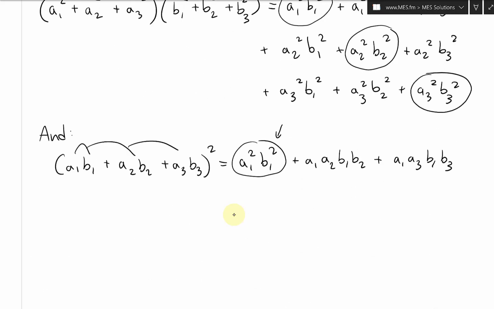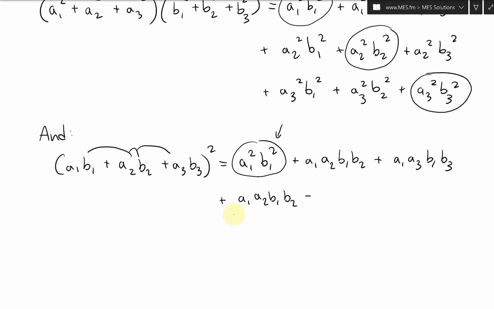Then we're going to multiply this one by itself and then by this one. So that's going to be plus a1 a2 b1 b2, and that's going to be the same as this one. You're going to add these up, and it's going to be 2. Those add up and so on. So we'll do that in a bit.